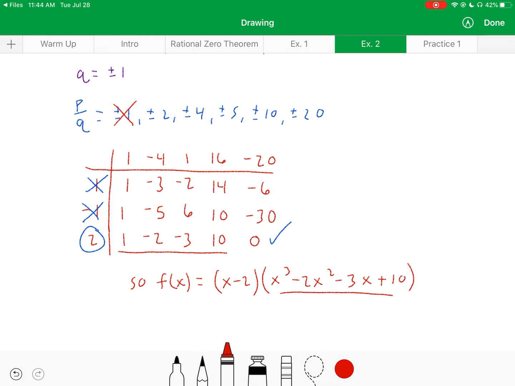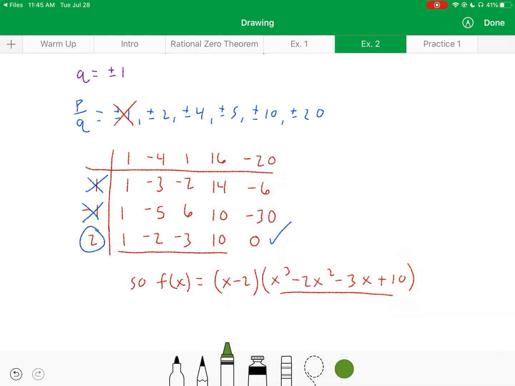In the last example, when we got to this spot, we were able to factor because it was a quadratic. Not the case here. Okay, so what's that mean? I got to do P's and Q's again. I now need to use P's and Q's, the rational zero theorem, on x cubed minus 2x squared minus 3x plus 10. Now here's the good thing. Your list of P over Q's from above, you can use the same list and you can actually rule out some numbers, okay?